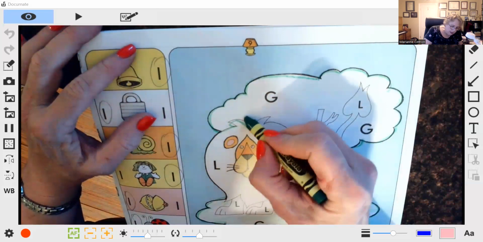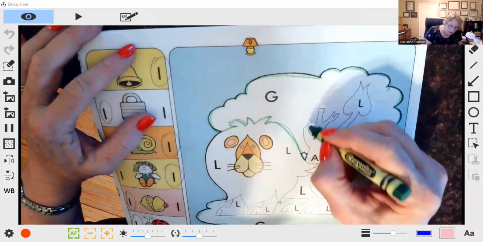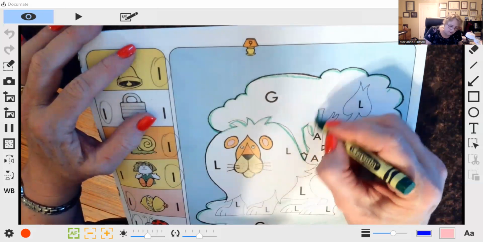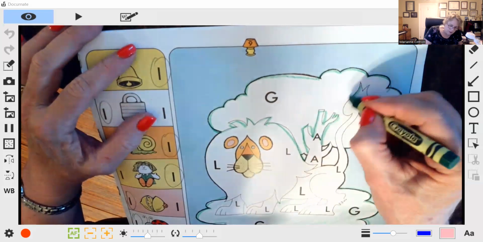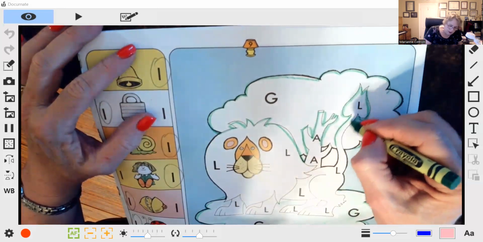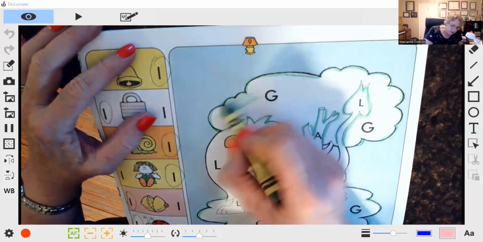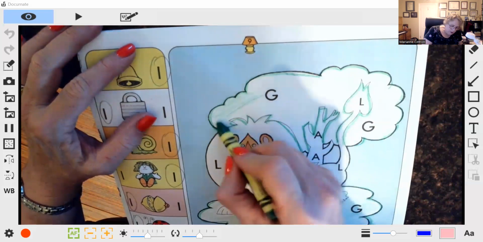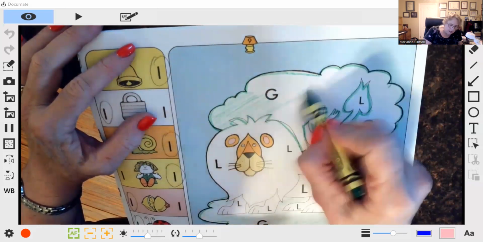And we're going to outline what's with the G so that we're not going to color it. Like this. Okay, so my G is going to go here. And you're going to notice that outline helps you color neatly.